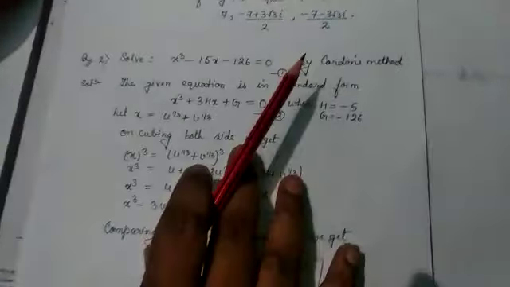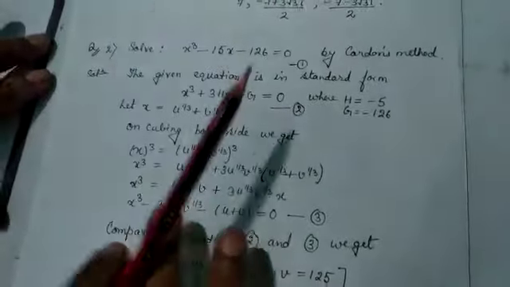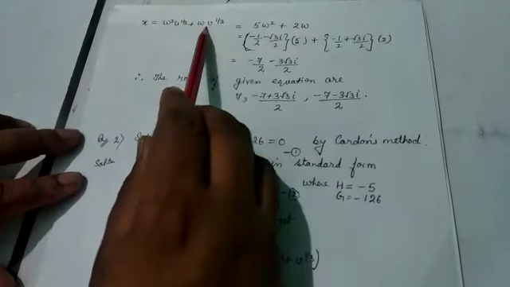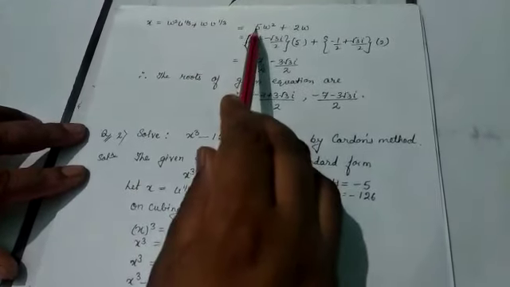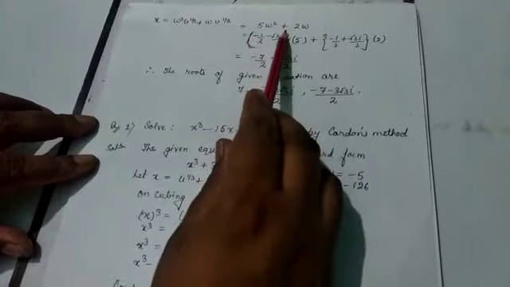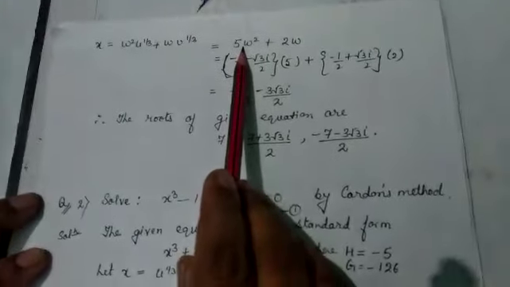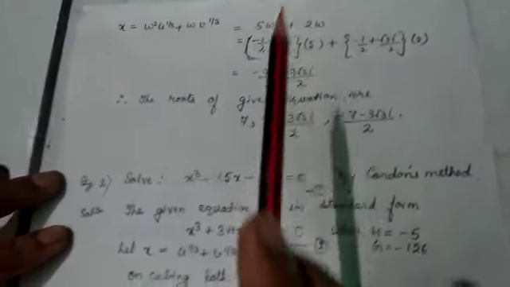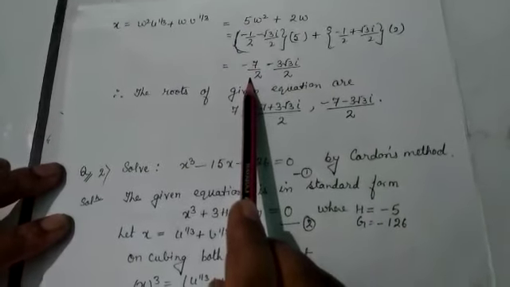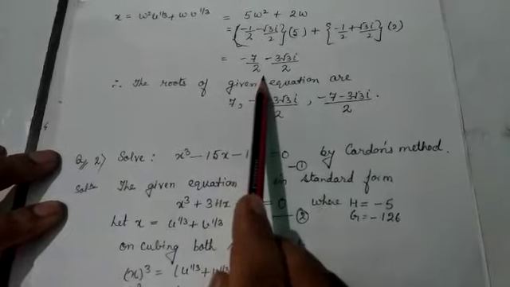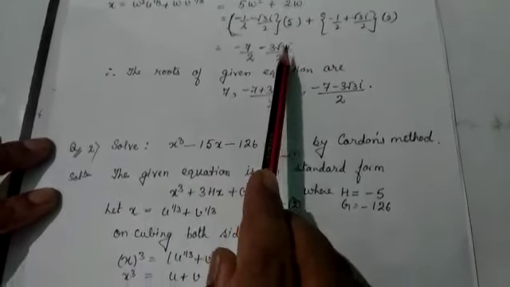The third value of x will be omega square u to the power 1 by 3 plus omega v to the power 1 by 3. That is equal to 5 omega square plus 2 omega. Again, on putting the values of omega square and omega, we get minus 7 by 2 minus 3 root 3i by 2.